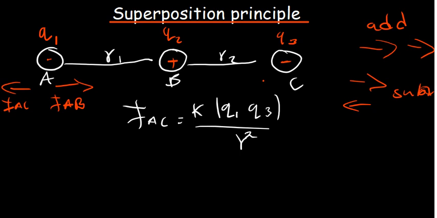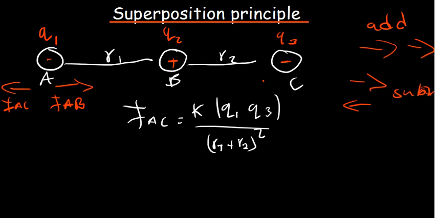Now when it comes to AC, as you can see, it starts from A all the way to C, meaning the distance we are supposed to add is R1 plus R2. You square it. That is going to be the electric force from A to C.